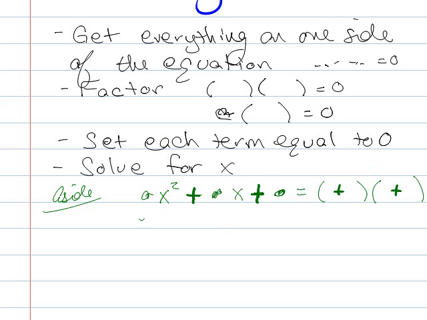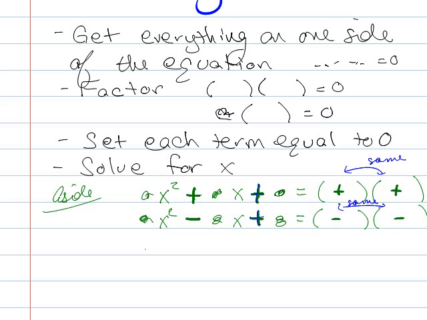Similarly, if you've got something x squared minus something x, plus something, and you factor that out, if you've got a minus sign and a plus sign, these are both going to be minus. So if this is a plus sign, then the signs here are going to be the same. They're either both going to be positive, or both going to be negative.